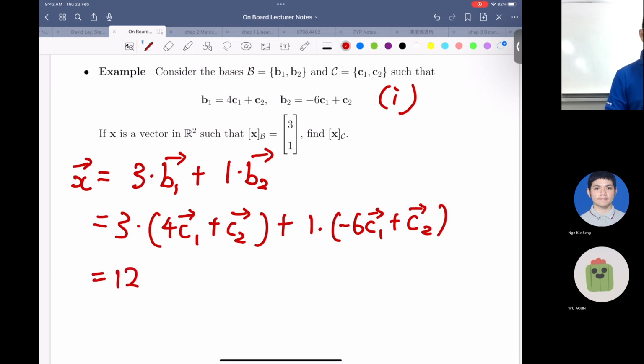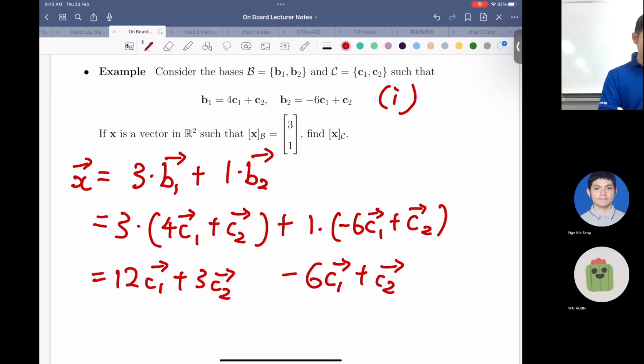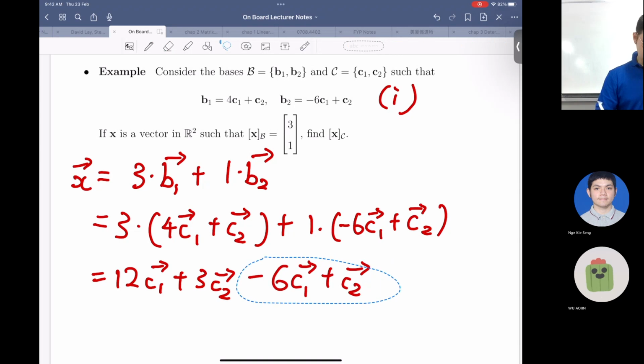This is 12C1 + 3C2 plus, let's expand it, -6C1 + 6C2.